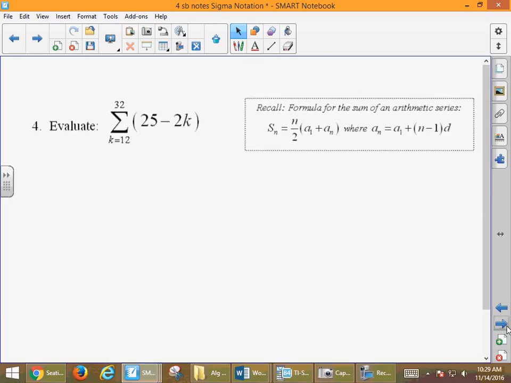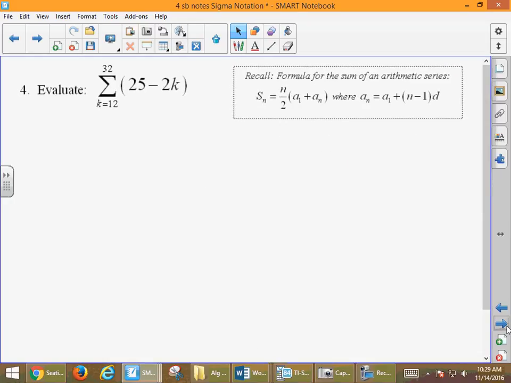So now that we've seen a couple, hopefully that's going to help us here when we try this one. And it's going to be the same process. We need to go through, find a couple terms. Once we find a couple terms, then we can identify what kind of sequence or series it is. And then finally we can find the sum.